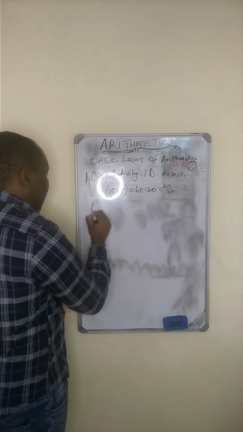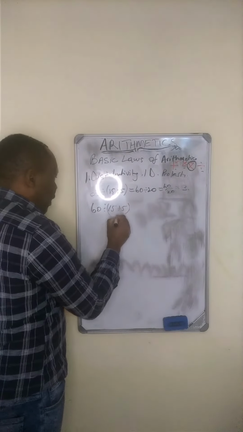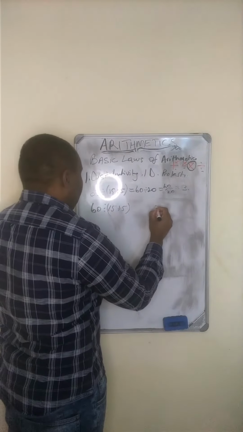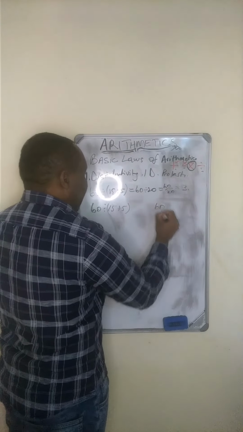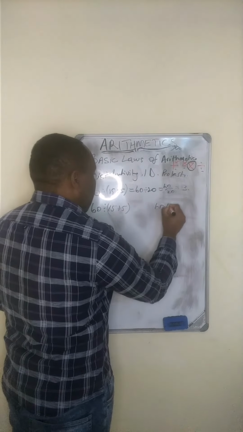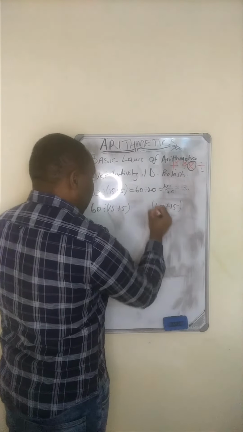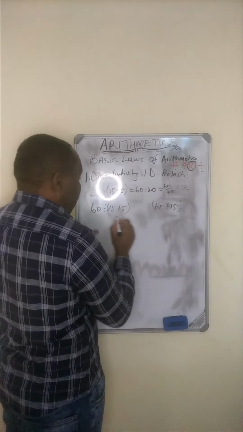Now, we come and say 60 divided by 15 plus 5, on this side of a bracket, and 60 plus 15. You see, I've taken the 15 this side and put it in brackets, positive in between.